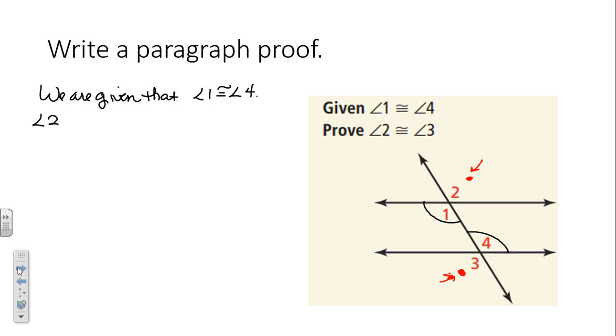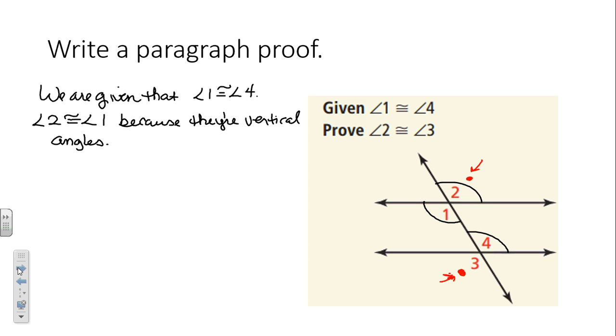So angle 2 is congruent to angle 1 because they're vertical angles. Okay. So then I go back over here and make that arc, so I know I've got those 2 congruent to each other.